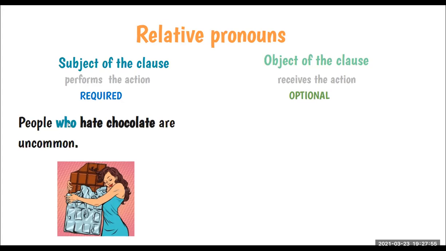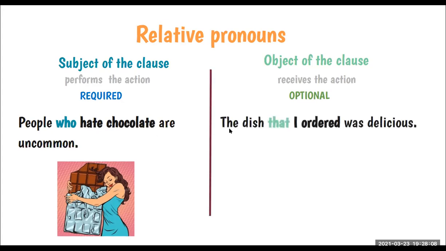Okay, estas personas están realizando la acción en esta oración. Let's see the other example. It says, the dish that I ordered was delicious. As you can see, in this sentence, the relative pronoun is the object of the clause because this is not performing the action.